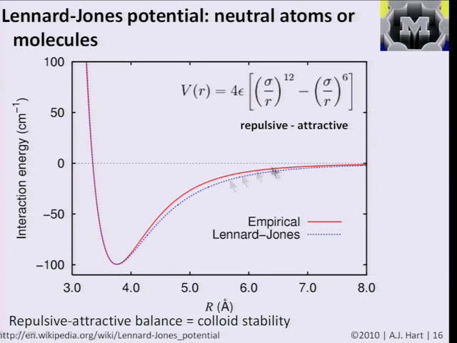And this is the actual plot, for example an empirical potential that's derived from actual knowledge of the particular electronic structures of the atoms in a certain material. Particularly when we're talking about the stability of materials or molecules in solution, it's very much a balance between repulsive and attractive forces that we are going to talk about engineering.